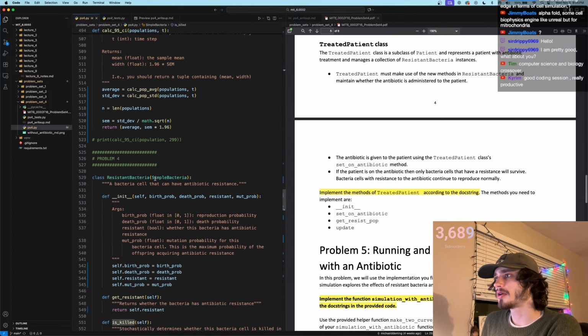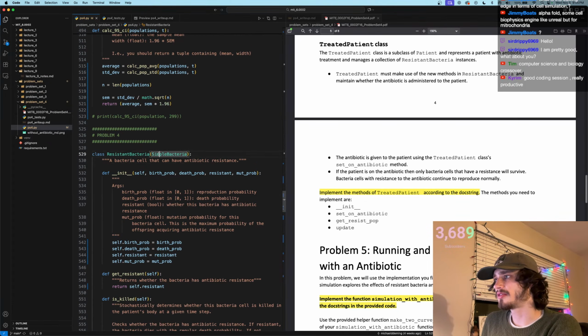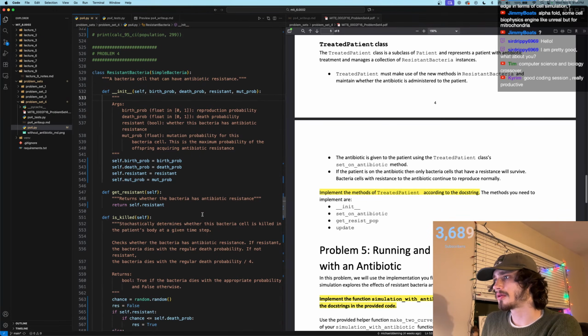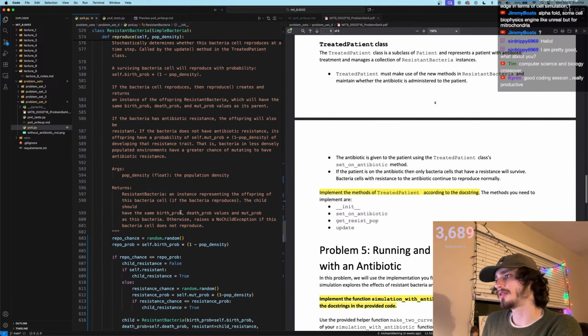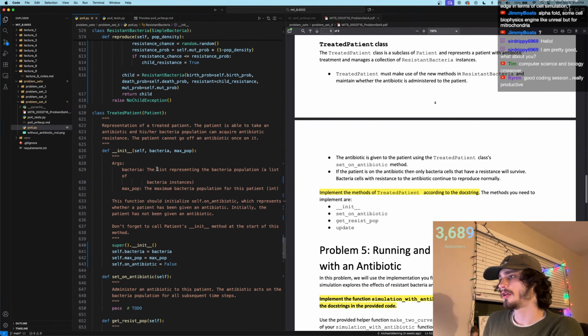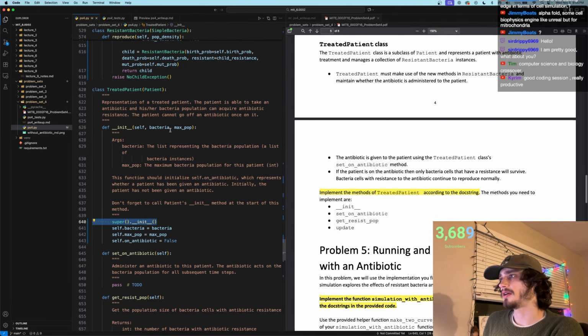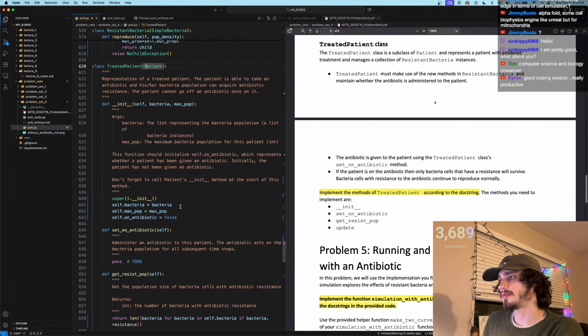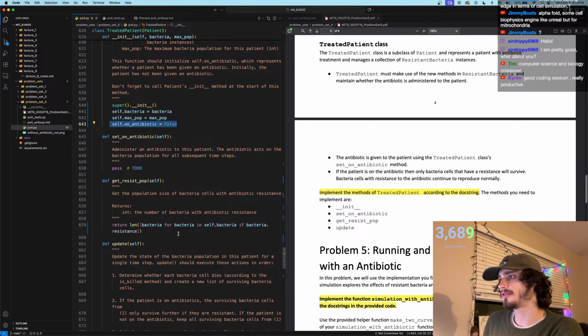So then my resistant bacteria takes in simple bacteria but also has these already. Okay, so you don't actually, okay, got you. So we init the patient information and we set self.on_antibiotic to false.